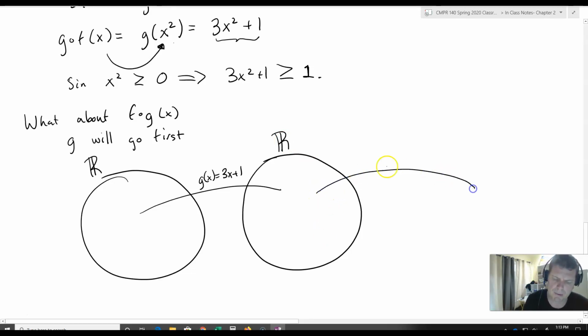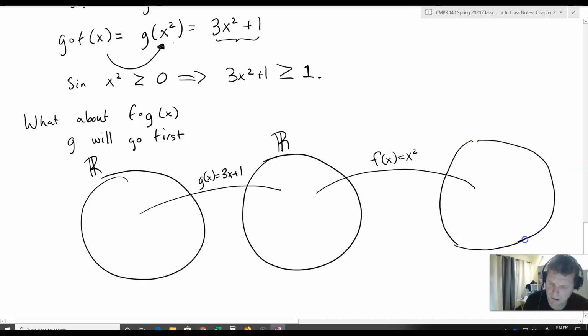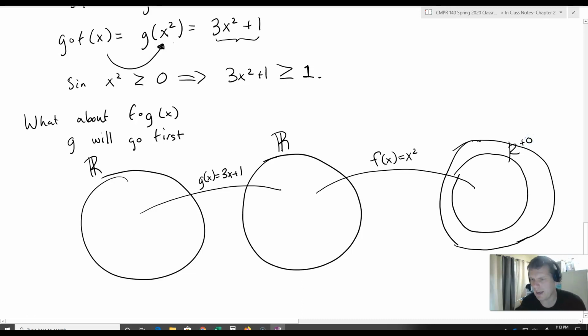Now, next, we're going to take f, where f of x equals x squared. Well, f of x equals x squared is only going to take us onto a subset. It's going to take us onto R plus 0, so that's the non-negative values of x.